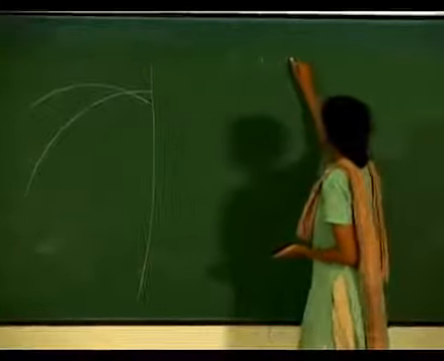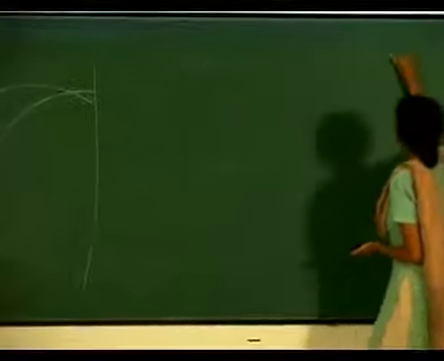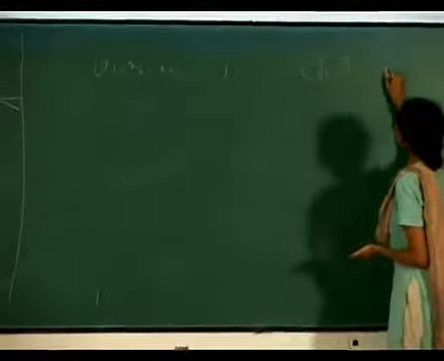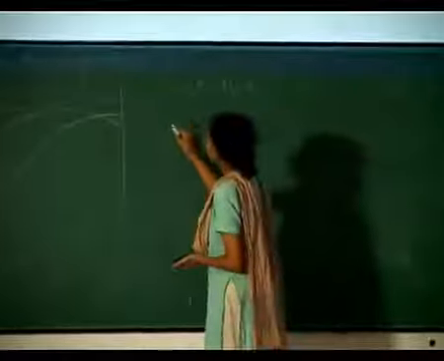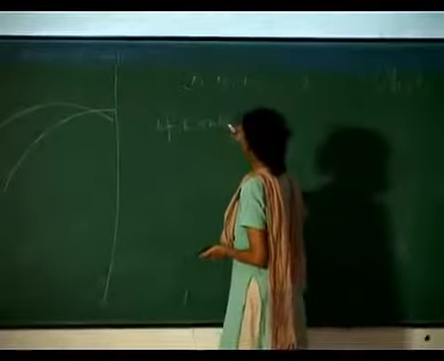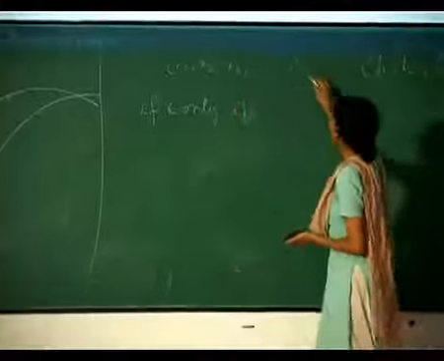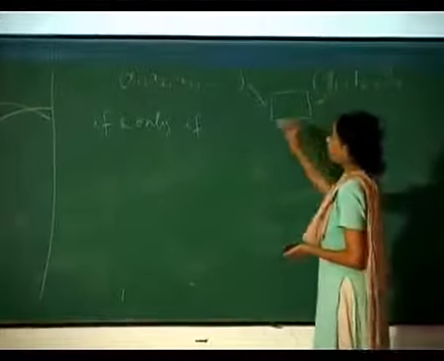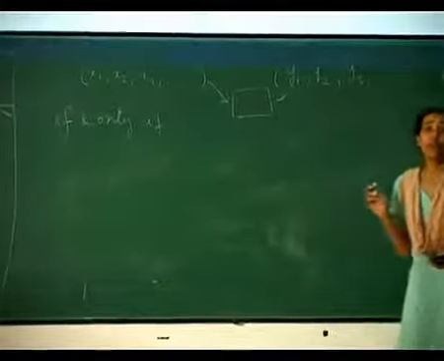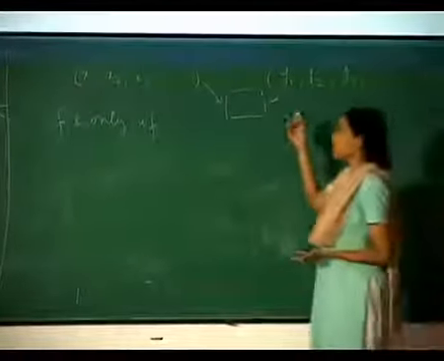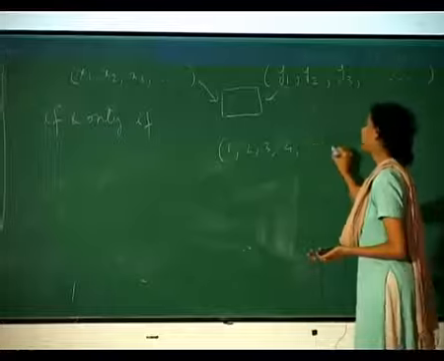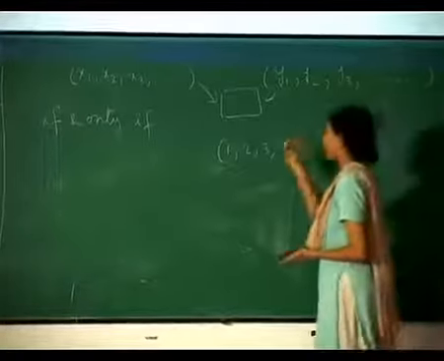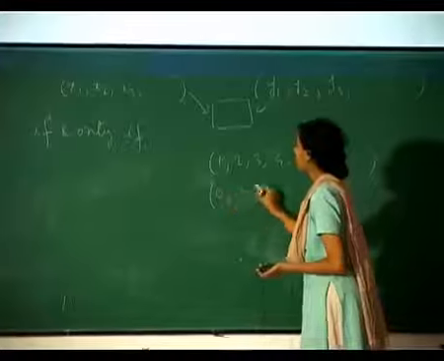Two infinite sequences will be put in the same box if and only if they differ by only finitely many terms. So what does it mean? Say you have a sequence which keeps increasing, 1, 2, 3, 4, 5, 6, and so on, and you have another sequence which is all 0.